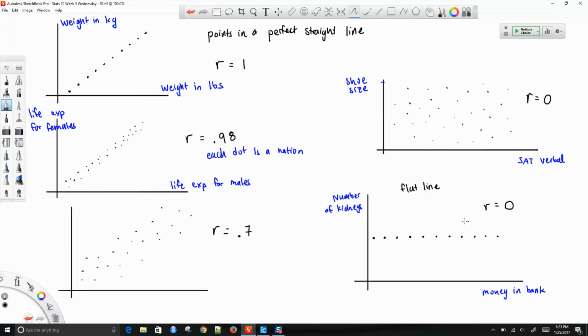So this would be no relationship. A flat line indicates no relationship. Even though it looks like a perfectly straight line with no scatter, if it's flat, there's no relationship.